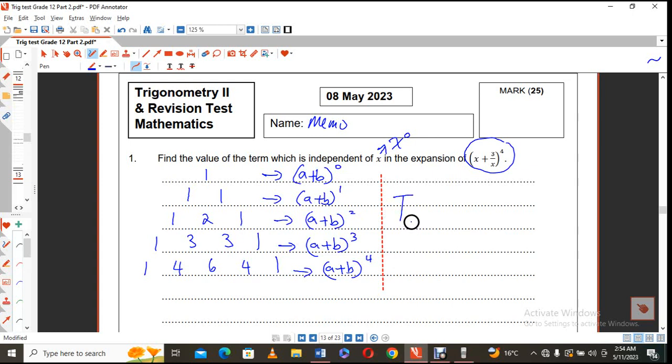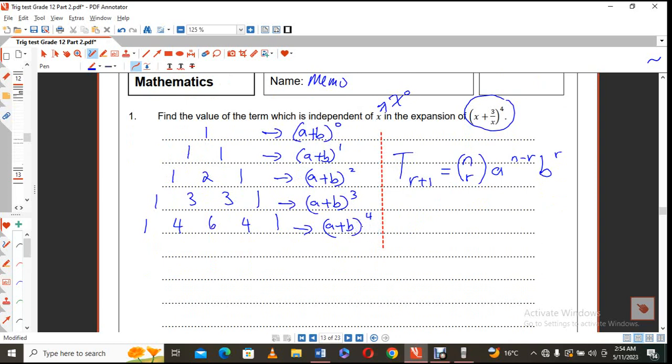The general form is t sub r plus 1 equals n choose r, times a to the n minus r, times b to the r. You can use that, or you can use the long way, or Pascal's triangle. So I'll be using Pascal's triangle. The coefficients are the ones that I want you to pay attention to: 1, 4, 6, 4, and 1.